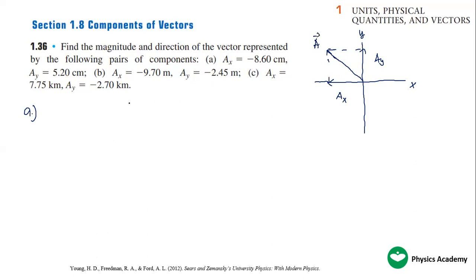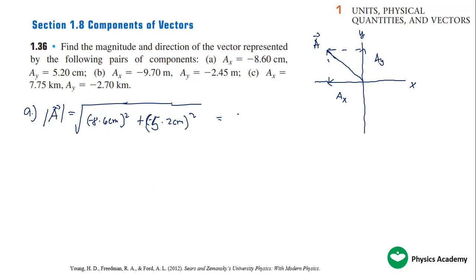To find the magnitude, of course, you use this formula. The magnitude of your vector A is just equal to the square root of negative 8.6 centimeters squared plus 5.2 centimeters squared.